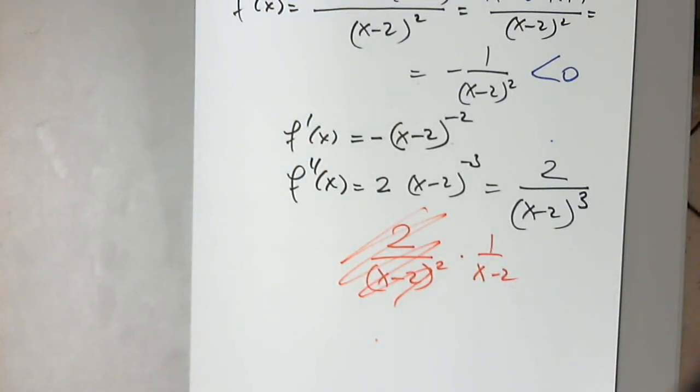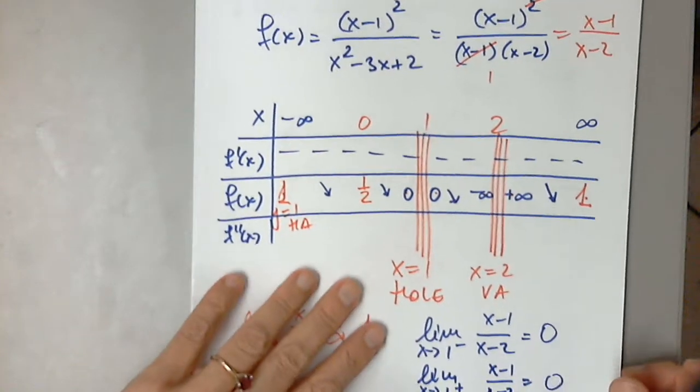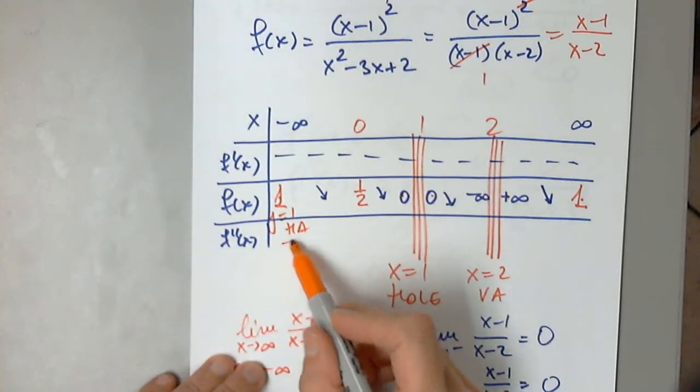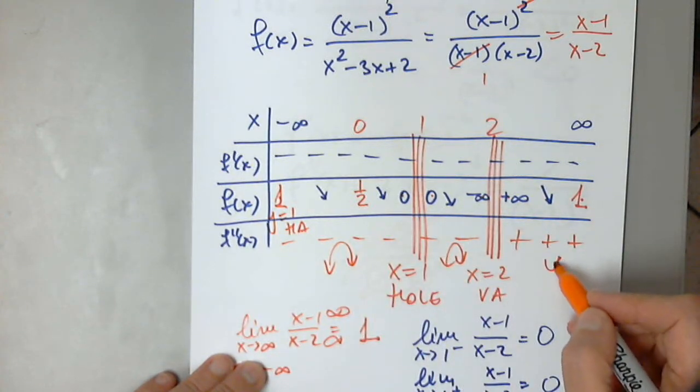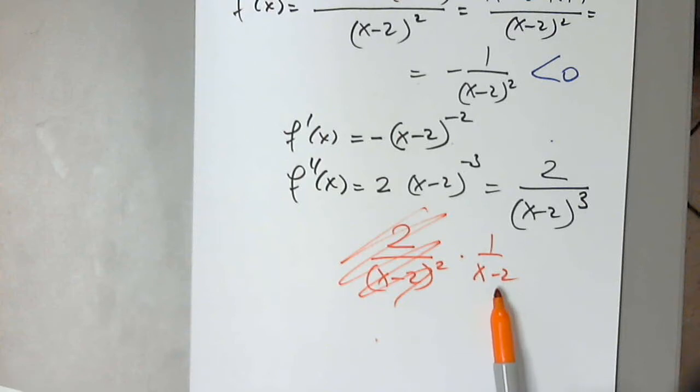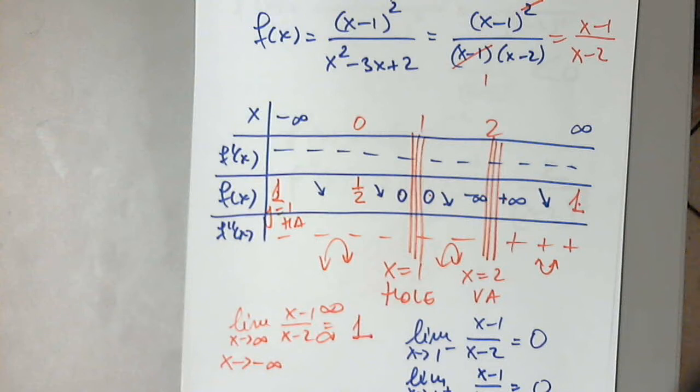Because now you know the sign of the first derivative. It must be this. It's dictated by x minus 2. And this is the sequence of signs for x minus 2. And we're done. You don't have to plug in. You don't have to do anything. So before 2 is negative and after 2 is positive. And we're done. Of course, it's not symmetric. That's the only thing that does not fit in the table.